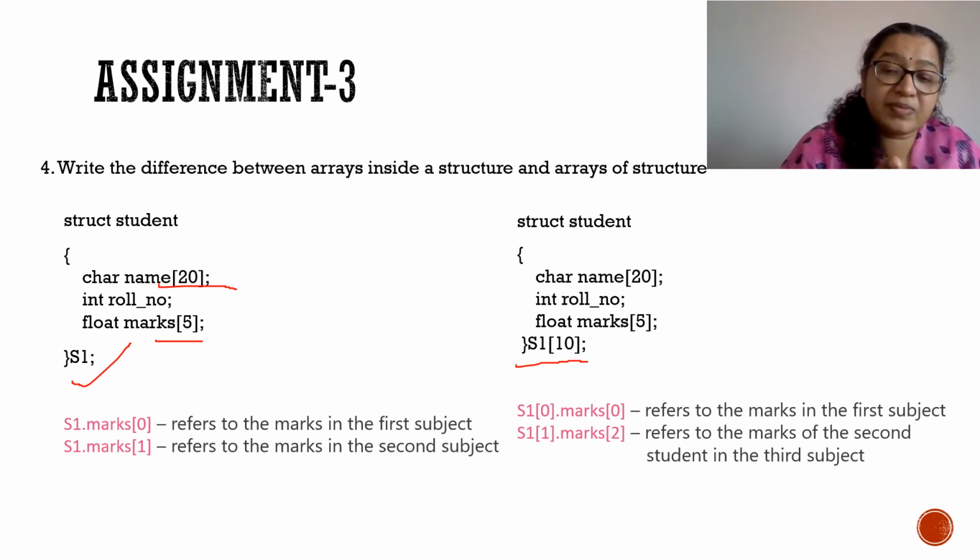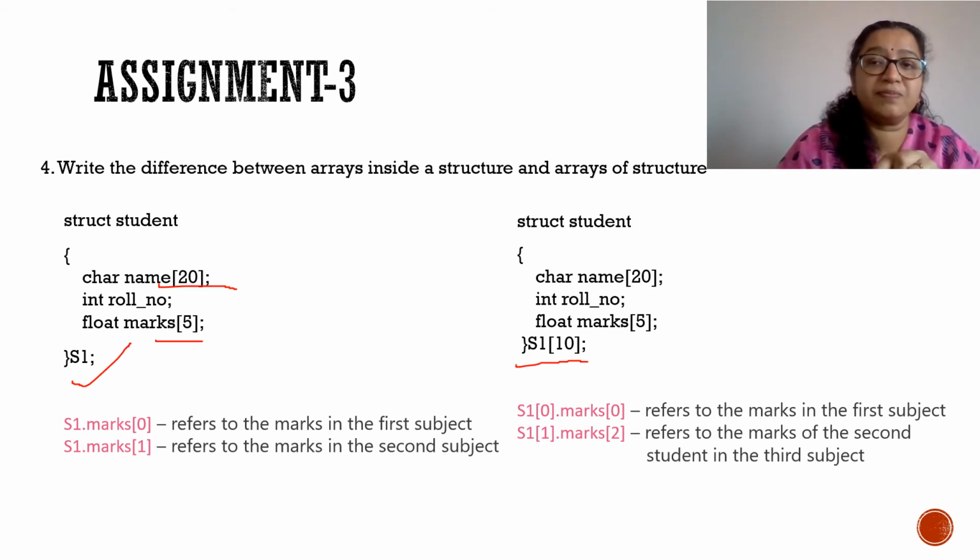That means the first student, in the 0th position of S1, and marks of 0 means that student's first subject mark is assigned to the 0th column. Then S1 of 1 dot marks of 2. What is the meaning? S1 of 1 means the second student. Second student's which mark? It's not marks of 0, it's not marks of 1, it's marks of 2, which means the third subject mark. This is the way of referring. Understood? Arrays of structure. Clear?